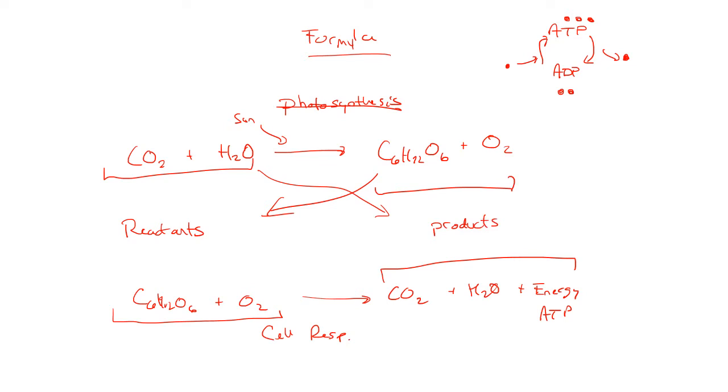And you guys may have also noticed just below all this stuff, I put a little star there, and it says chemosynthesis. This is another form of energy collection that doesn't use light.